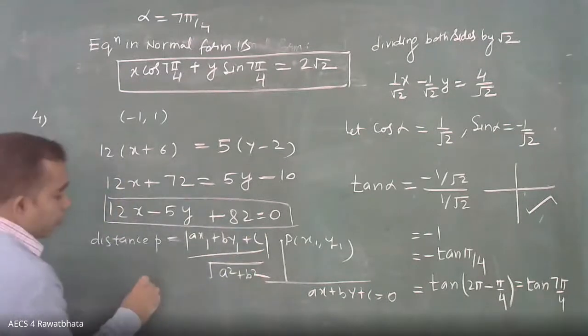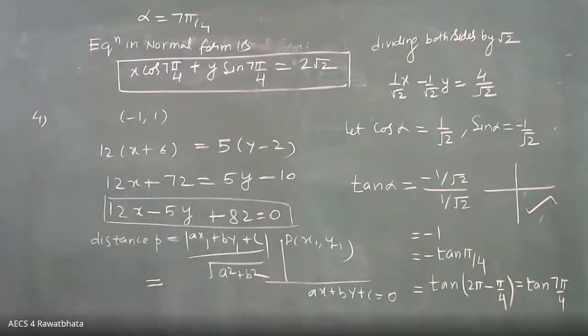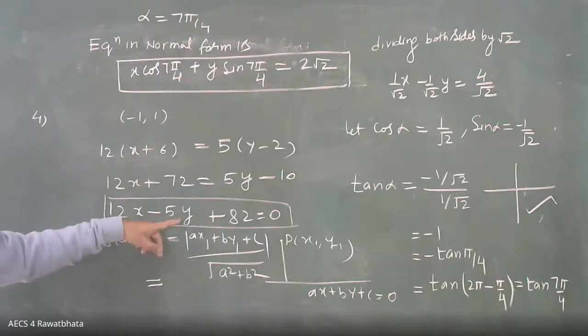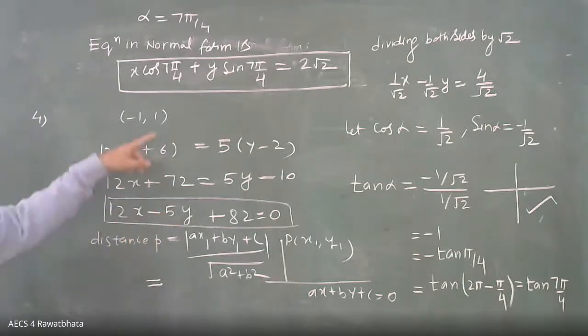So this will become, what you have to do is take this equation, remove x and in place of x write the x coordinate, and similarly remove y and in place of y write the y coordinate.